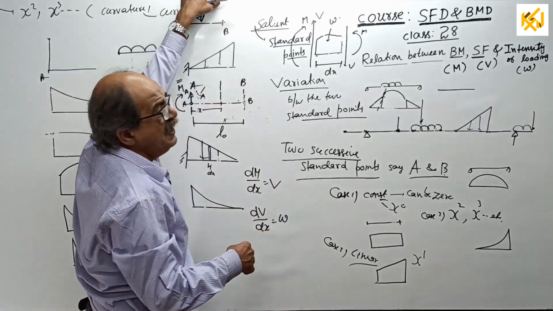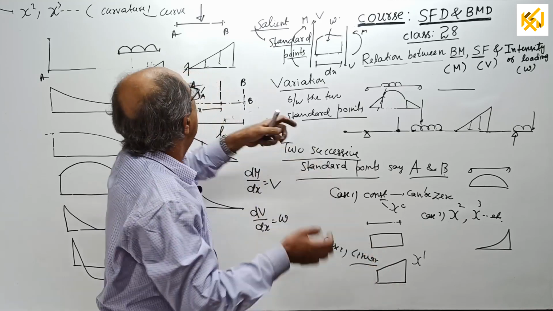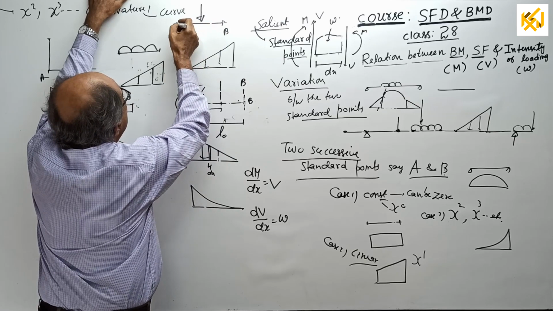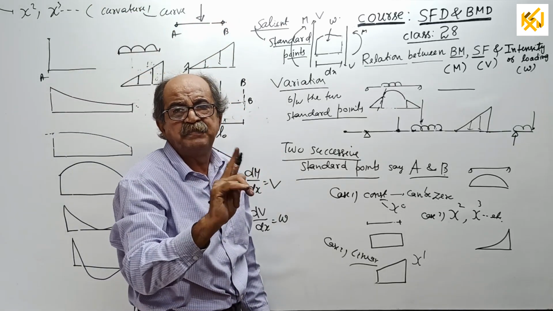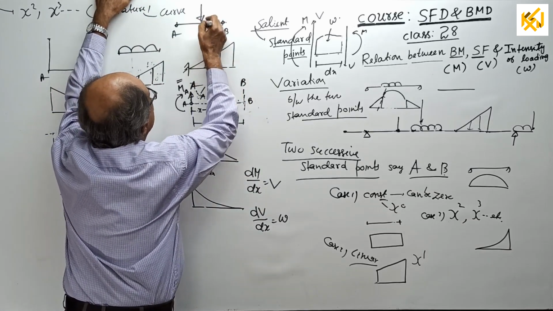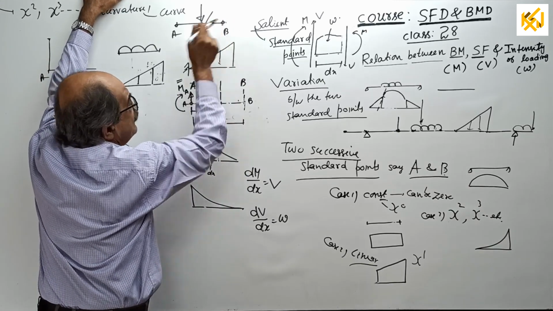Here I can't wait because next time is not possible. So, if there is a point load between the two standard points, then A and B are not two successive standard points. Since a point load comes here, this also will become a standard point. Therefore, your B should be here now, not there.